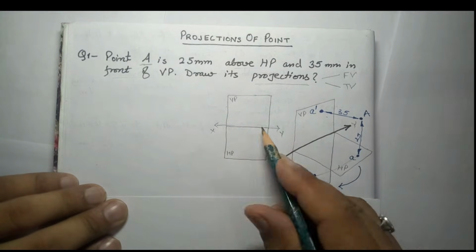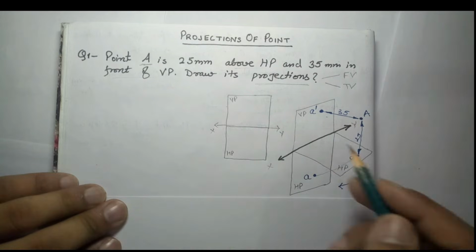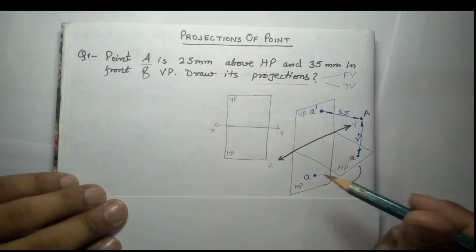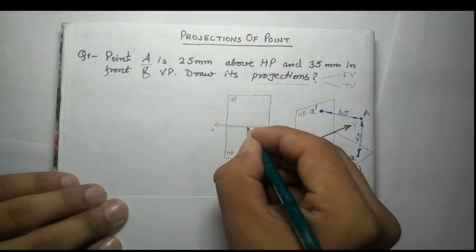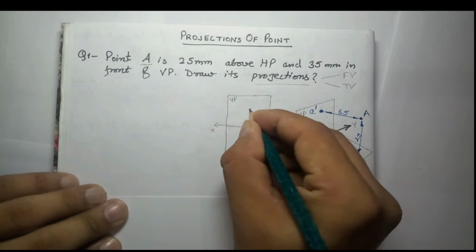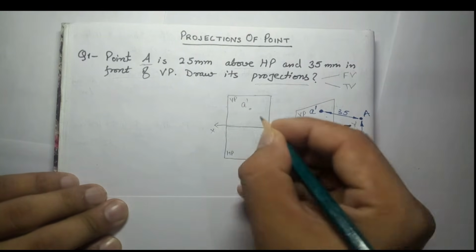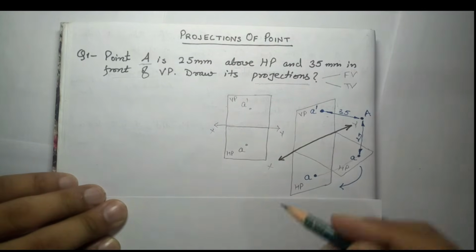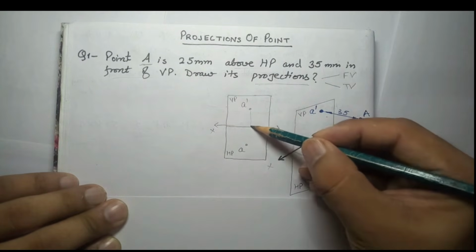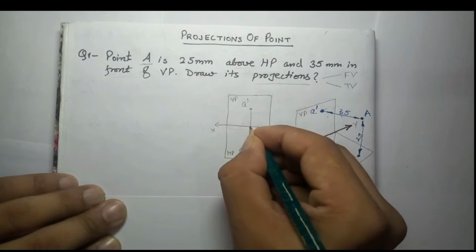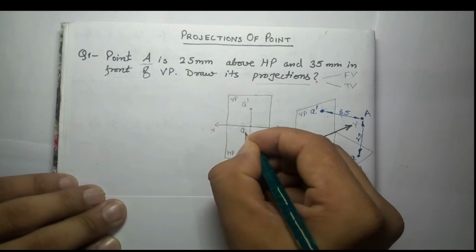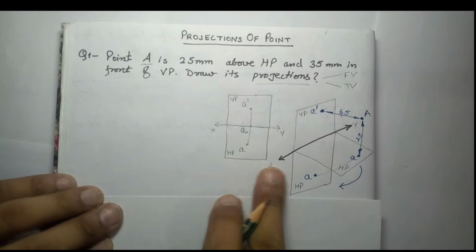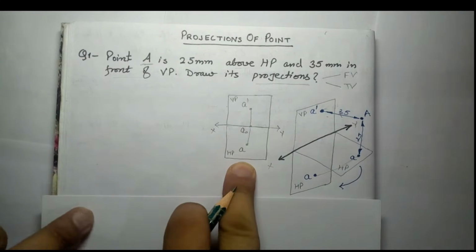VP here; after rotation HP will be below XY, VP will be above XY. You can imagine you are standing on this side. The views will go the same way: here is the A dash and here will be the A on HP. If I join them with a very light projection line, here will be the intersection point, which I can name as A0. So after rotation, converting 3D into 2D, we get this diagram.